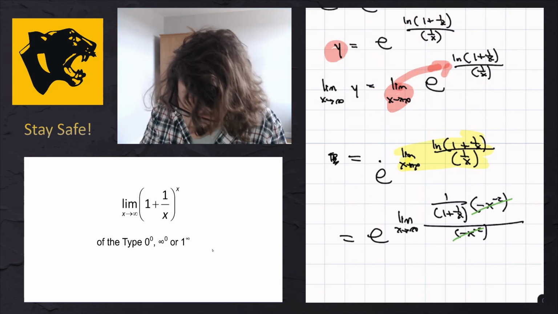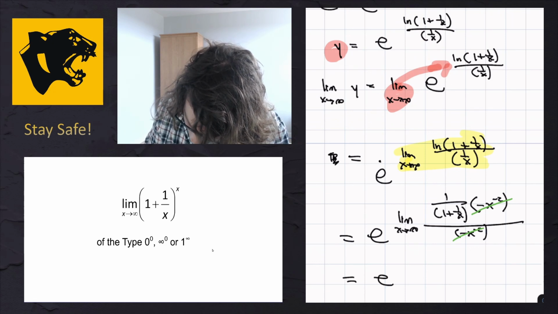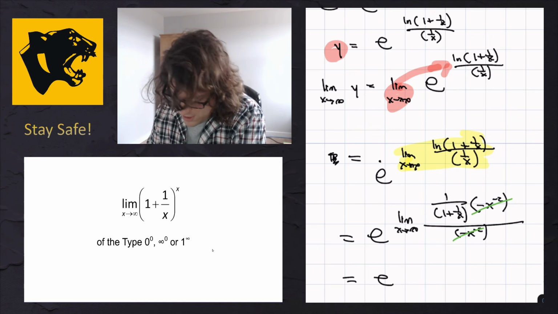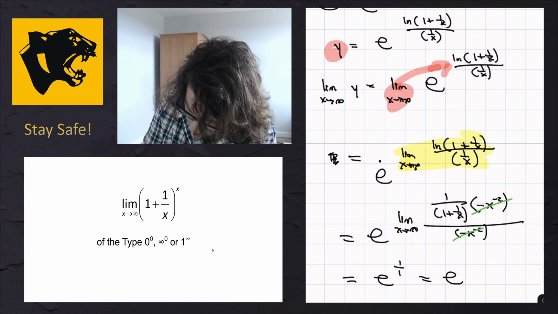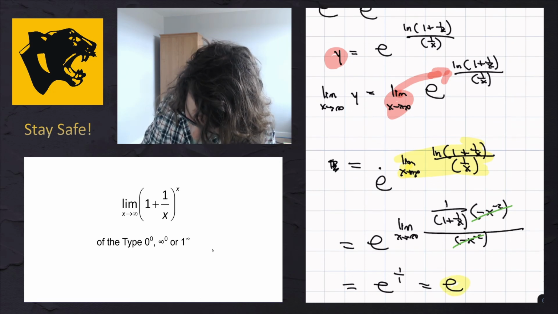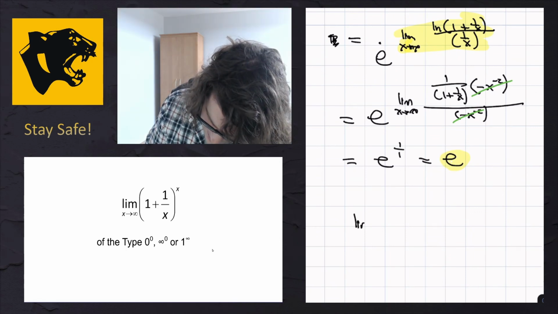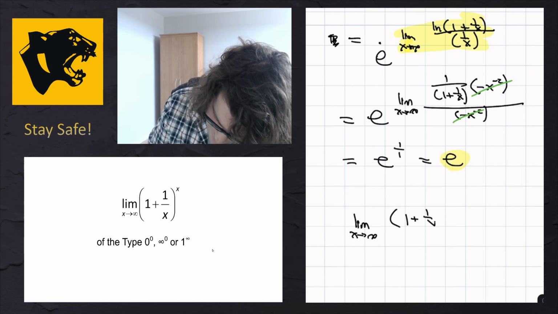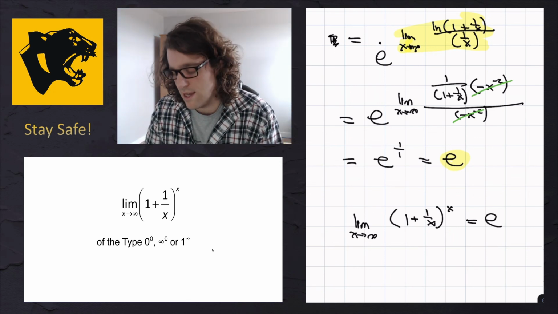We're left with a smaller limit, which is the limit as x approaches infinity of 1 over 1 plus 1 over x. The 1 over x goes to 0. We're left with 1 over 1, which gives us just e. And that is the correct answer, because the original statement, the limit as x approaches infinity of (1 plus 1 over x) to the power of x, is one of the classical definitions of what e is as a number.